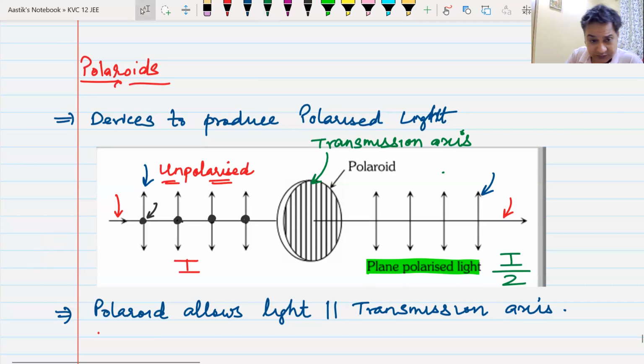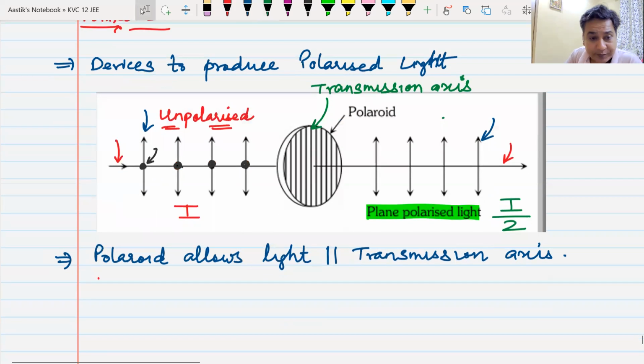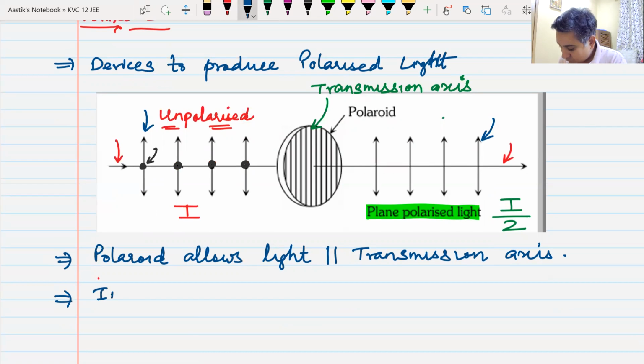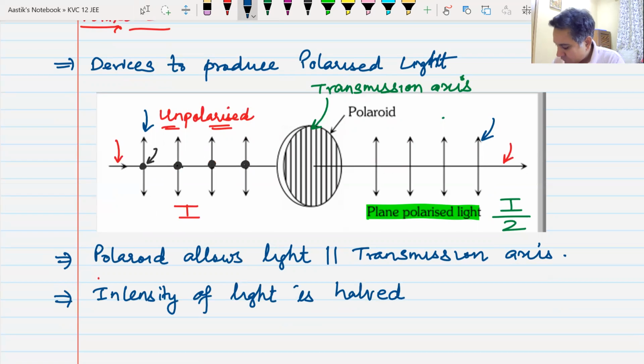So when light passes through a Polaroid, the intensity of the light is halved. Intensity of light is halved after the polarizer.